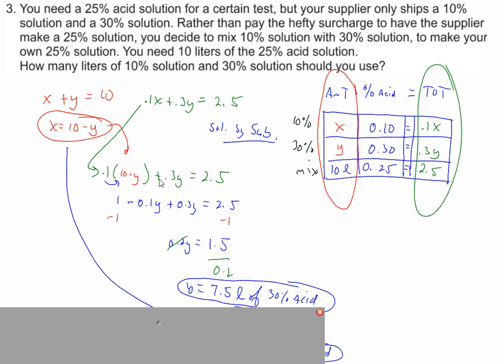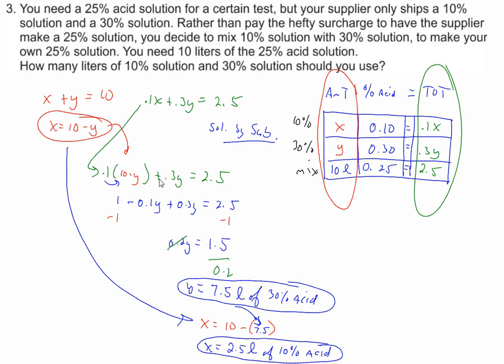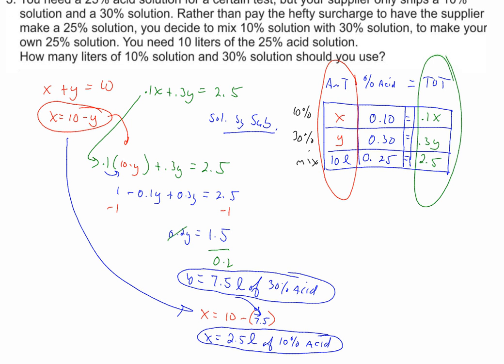And therefore to finish it out, remember in substitution, you then take your circled equation and sub in the value you just found for the variable in that circled equation. That gave me 2.5 liters. Again, I looked at my chart and x was 10% acid.